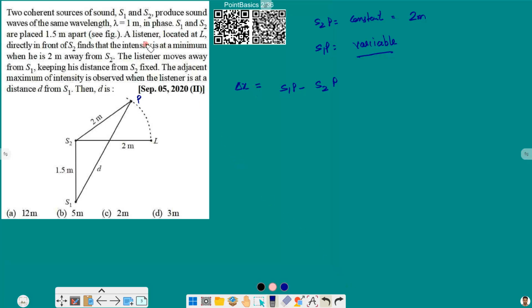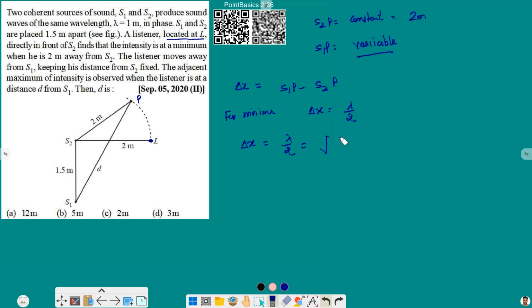Now, as per the statement, when the listener is at L, he has a minima. So for minima, we know that the path difference is equal to lambda by 2. So if it is at L, then we can write that the path difference delta X should be equal to lambda by 2, and it will be equal to S1L.